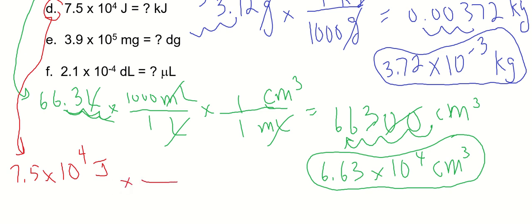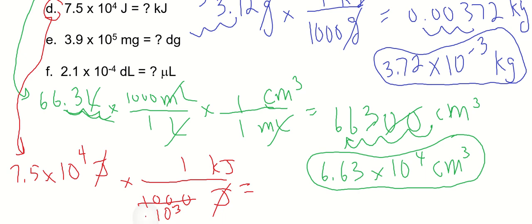We can do that. Joules goes on the other side to get rid of the joules we started with, and kilojoules is the desired unit. Kilo means 1,000 times bigger, so there's 1,000 joules in 1 kilojoule. It might be easier to turn this into scientific notation or exponential form. So that's 10 to the 3.